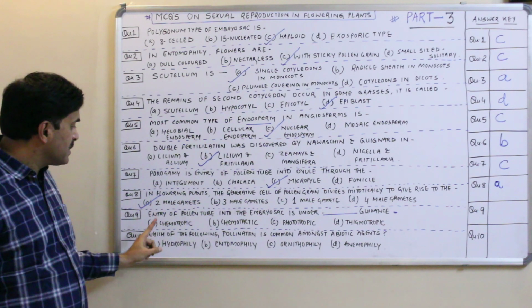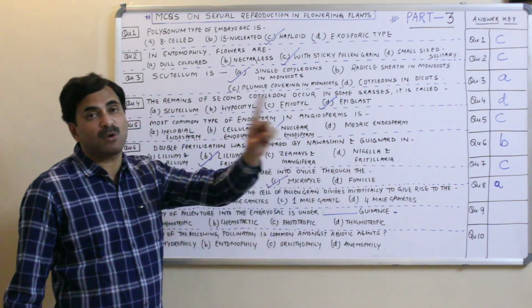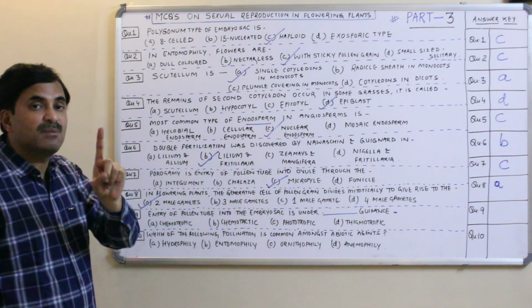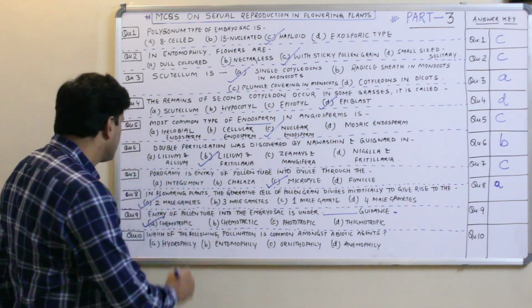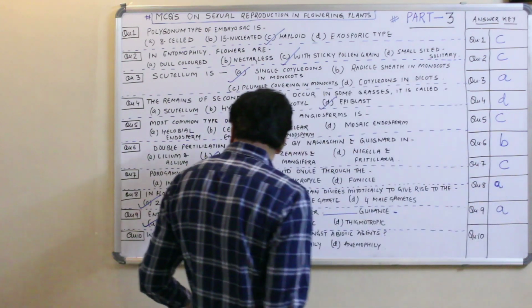So always remember, the entry of the pollen tube into the embryo sac is under the chemotropic guidance. What is it? Chemotropic guidance. So question number 9 is having the answer A.